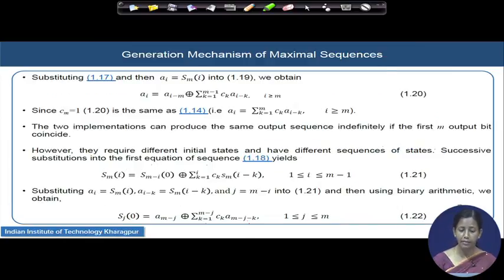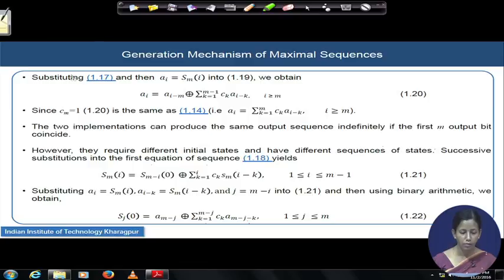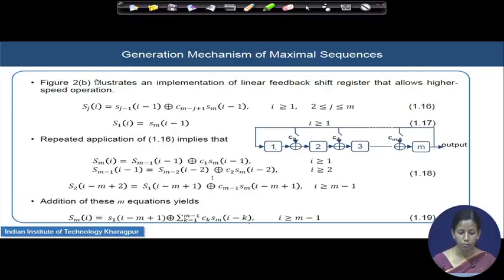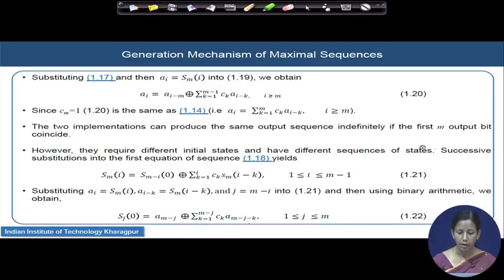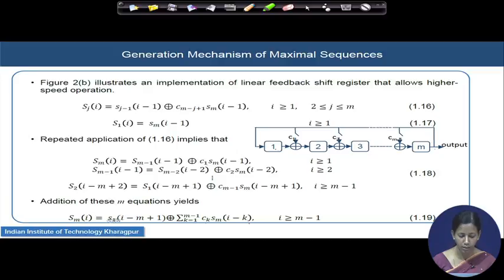We understand that AI, the final stage output, will be from SMI only, and if I now substitute from 1.17 like this from here, and then you utilize this, AI will be always coming out from the last stage, and if I substitute this value in the last developed equation here.